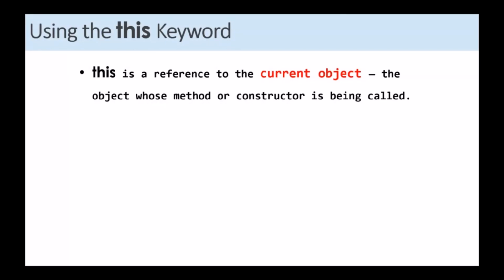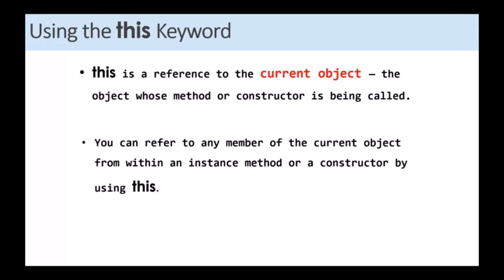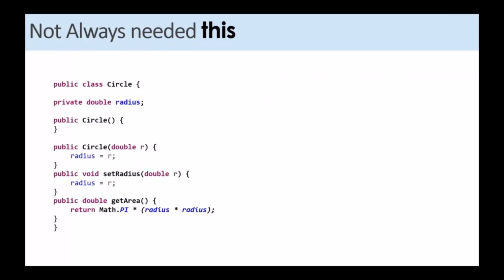And this is the object whose method is being called. You will see this a lot. You remember self in Python? Okay. Here in Java, self is this. We can refer to any member of the current object from inside. Not always needed.